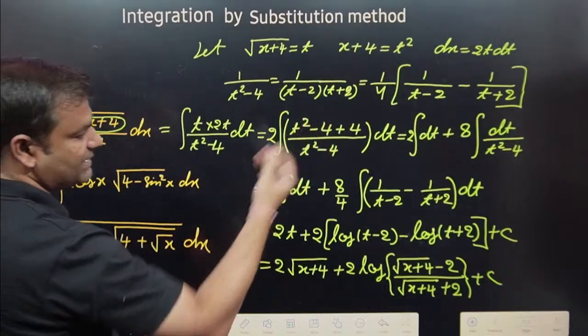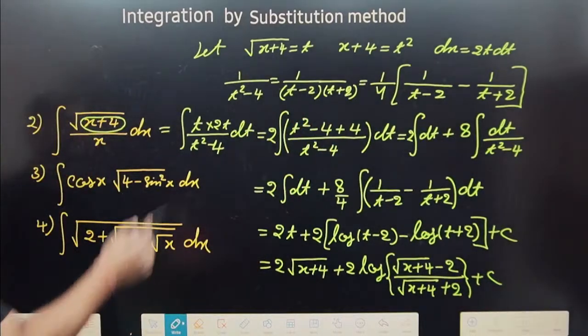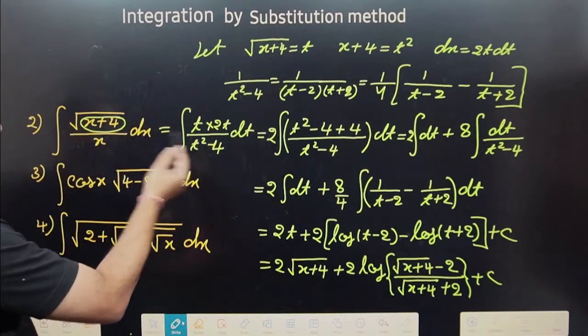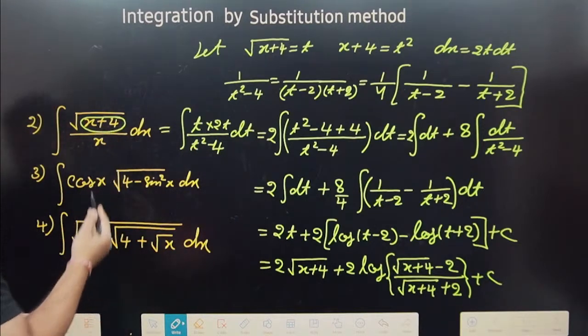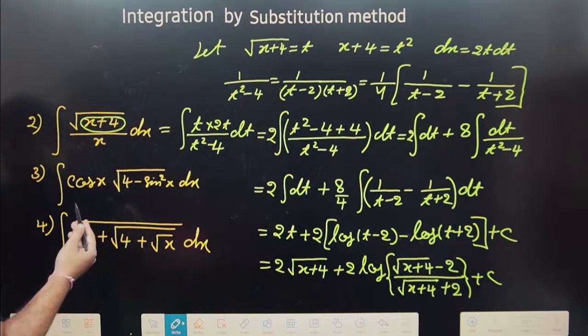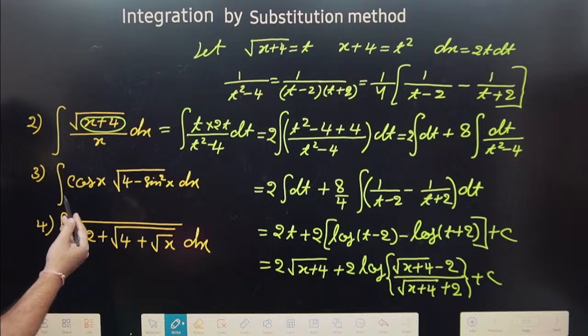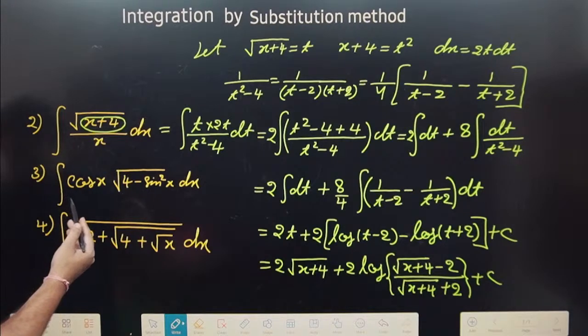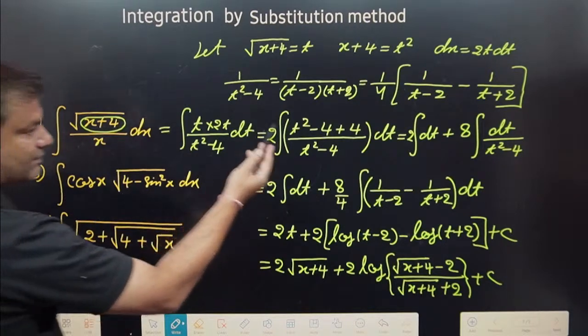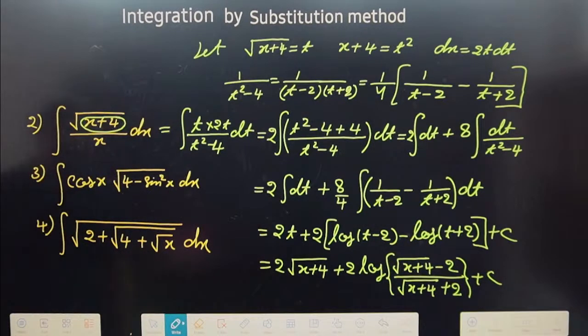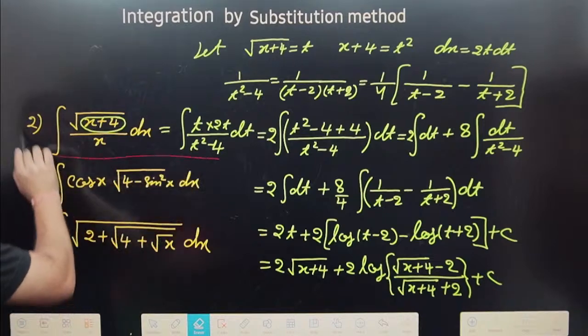After that dx is replaced by 2t dt, and we put x equal to t square minus 4, and under root x plus 4 is t. After that you can resolve, and finally we get the answer. Now next we focus on the next part, question number 3.